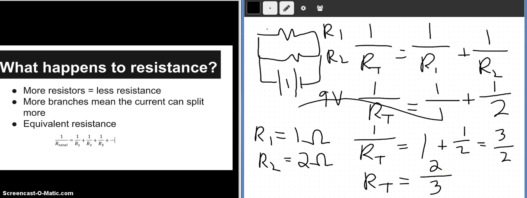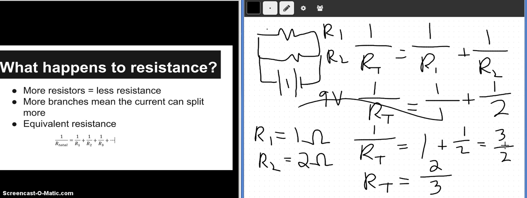Hopefully that makes sense. I'll go through that one more time. If the inverse of RT is 3/2, that means RT has to be 2/3, because when you take the inverse of this, you would flip it over and get 3/2. It's a little complicated, just a little bit complicated.